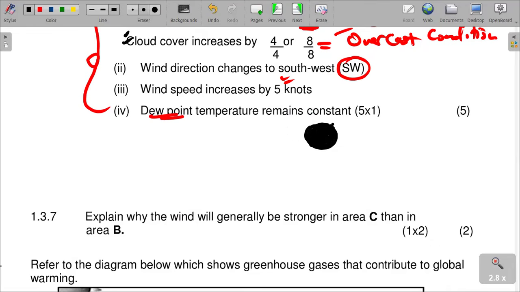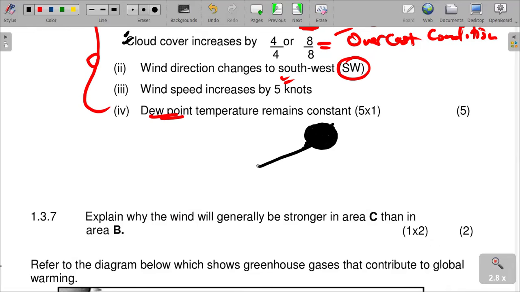And then we are also supposed to know that the wind direction should be southwest. So our wind direction must be southwest, so that we understand that the wind speed increased.